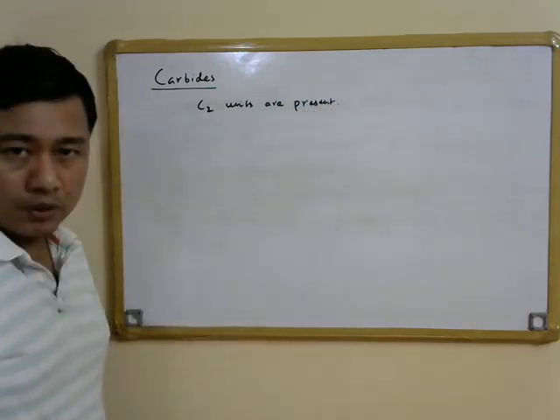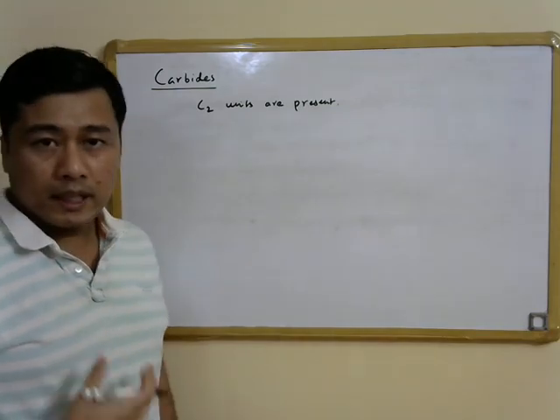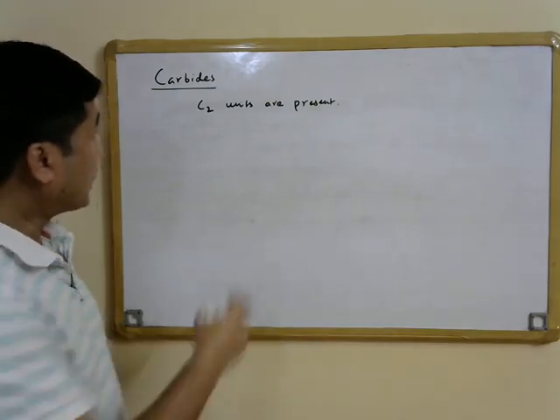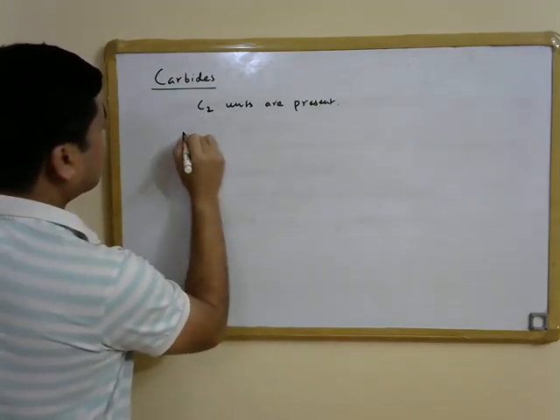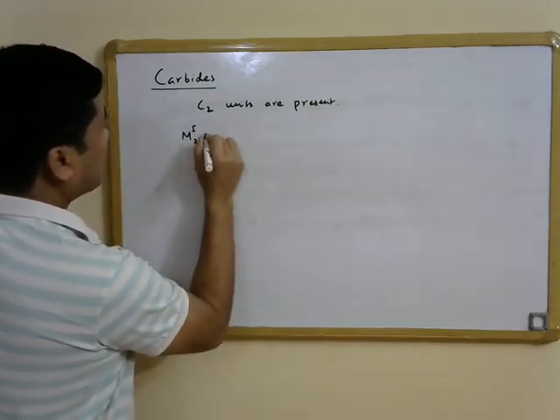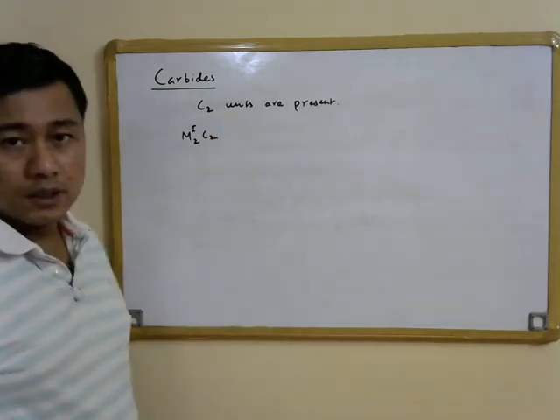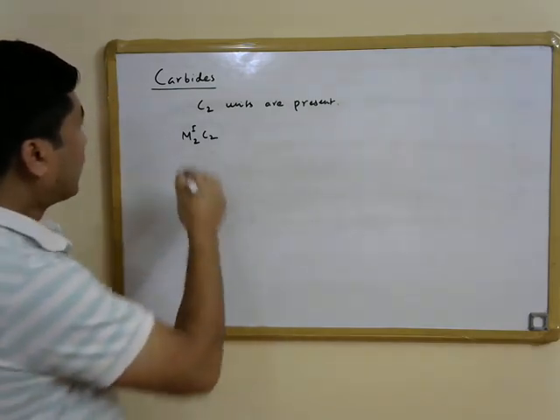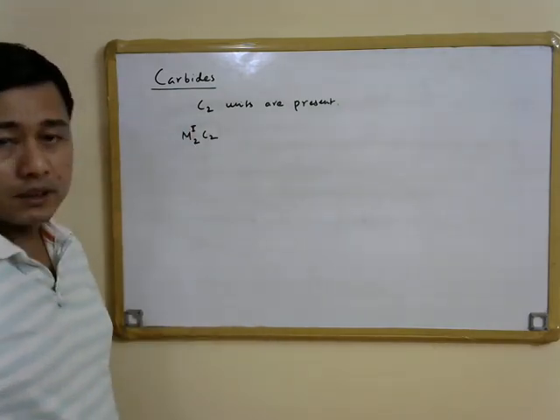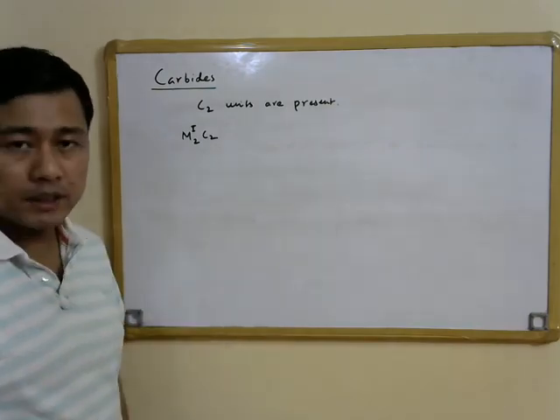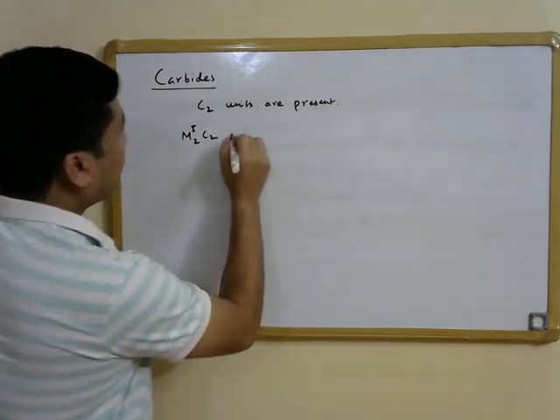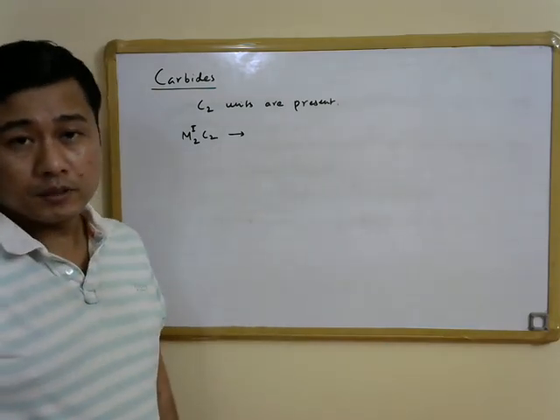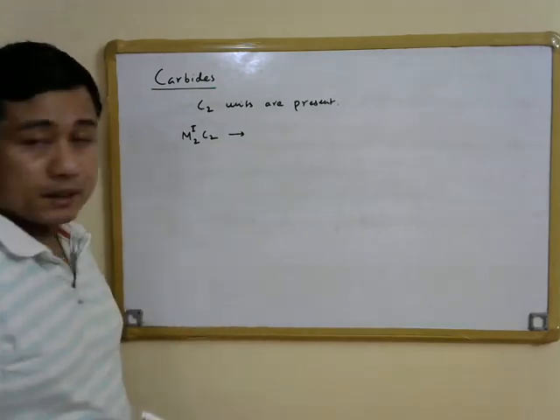The alkali metals form such carbides containing C2 units, and the formula of such carbides is M2C2, because the alkali metals form one-positive ions. The preparation of this type of M2C2 alkali metal carbide is very straightforward.